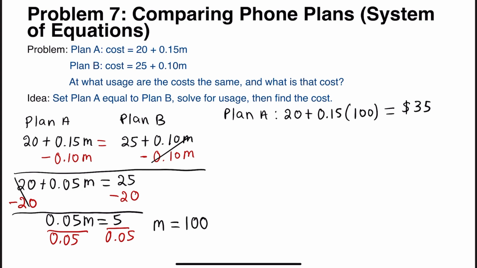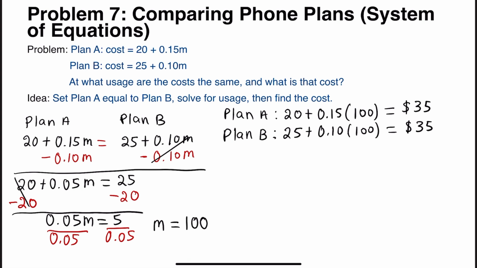Okay, so let's see for plan B. We have 25 plus 0.10 times 100. That's equal to $35 as well.